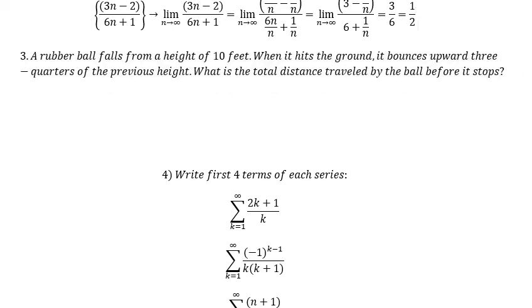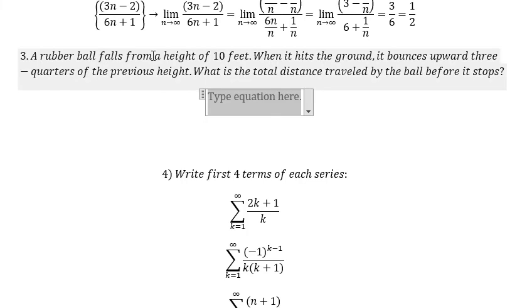We know that at the beginning the ball falls from a height of 10 feet. So we use h as the total distance, and I will use a sum. The first term is 10. Next, the ball bounces back up and then goes down with 3/4.